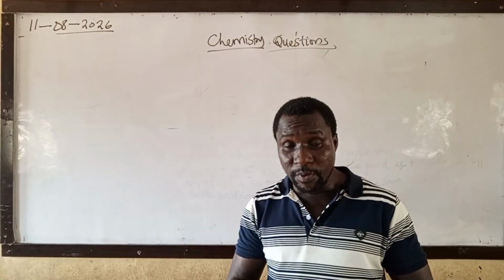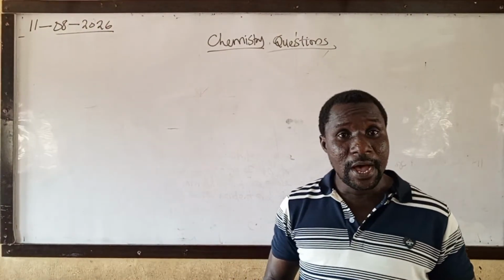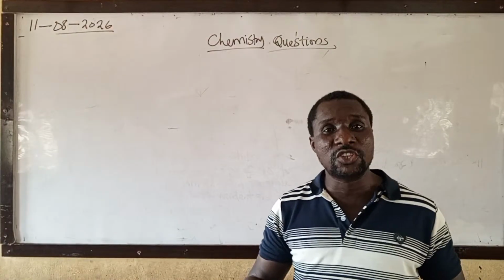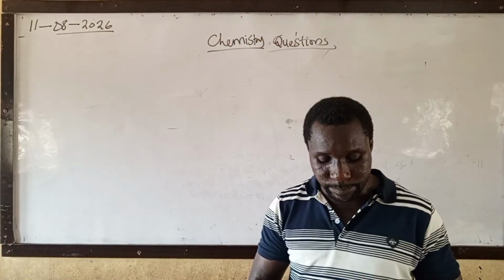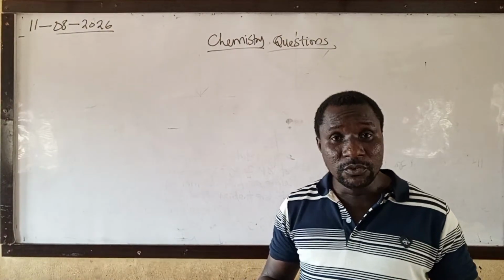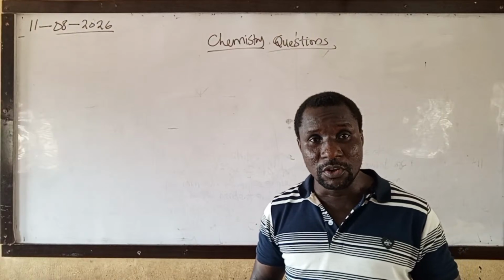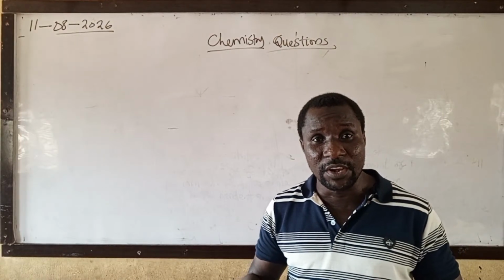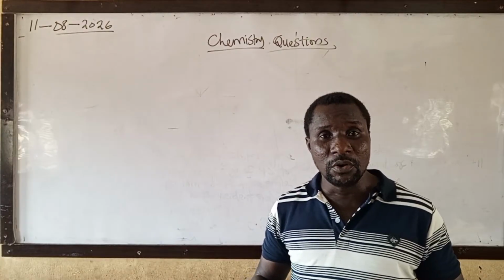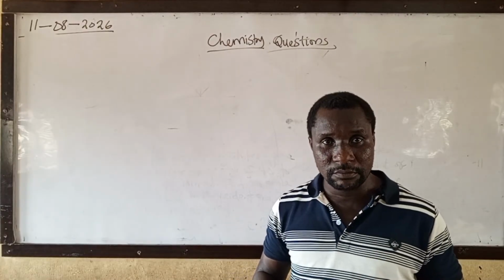We've done ionic bonding, and we stopped on covalent bonding. Even though we are not yet through with covalent bonding, because there are so many things you need to know under covalent bonding.